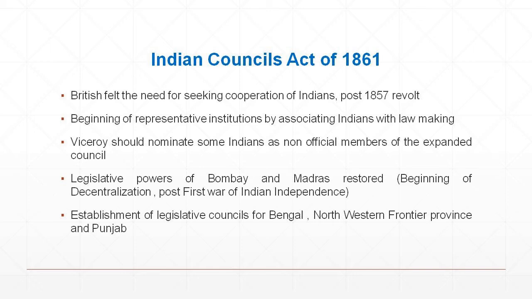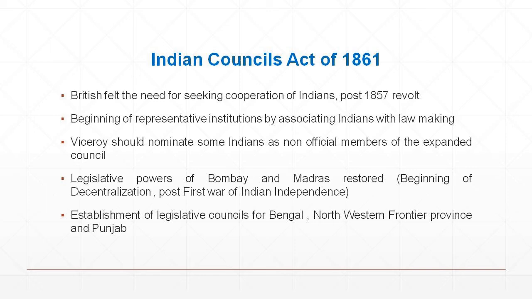It thus provided that the Viceroy should nominate some Indians as non-official members of his expanded council. Non-official members in the sense they will not be implementing anything. They are not part of the executive. They are just people like me and you who will be focusing entirely on legislation and who are not concerned with the British government at all in the ordinary scheme of things.